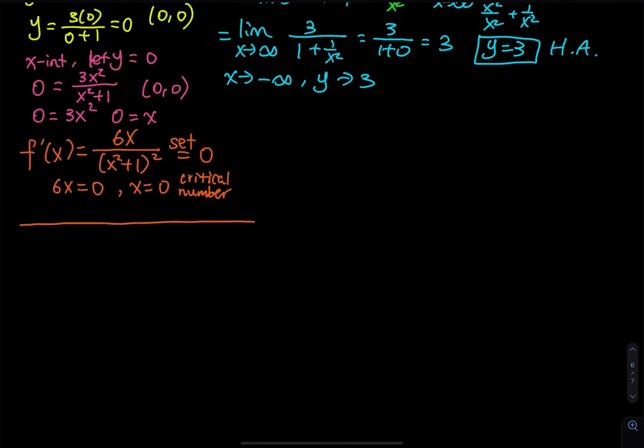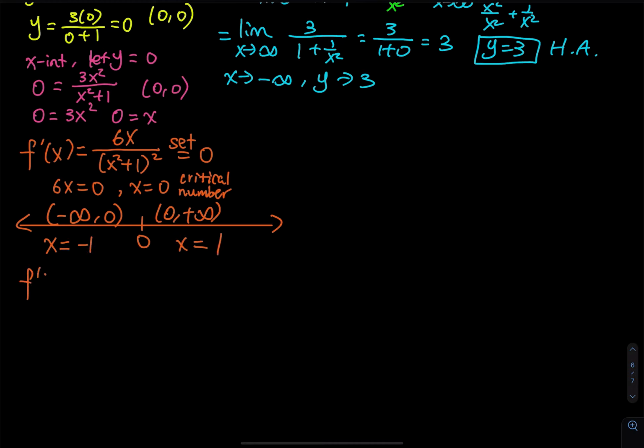Then I can do my test intervals. Draw a line and then you have 0, so two intervals: from negative infinity to 0, and from 0 to positive infinity. I'm going to pick x equals -1 and x equals 1 and test using the first derivative. So f prime of -1 gives you -1.5, and f prime of 1 gives you 1.5.